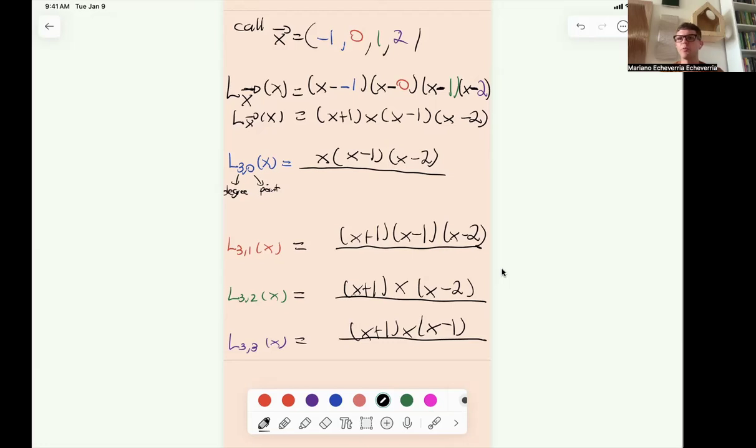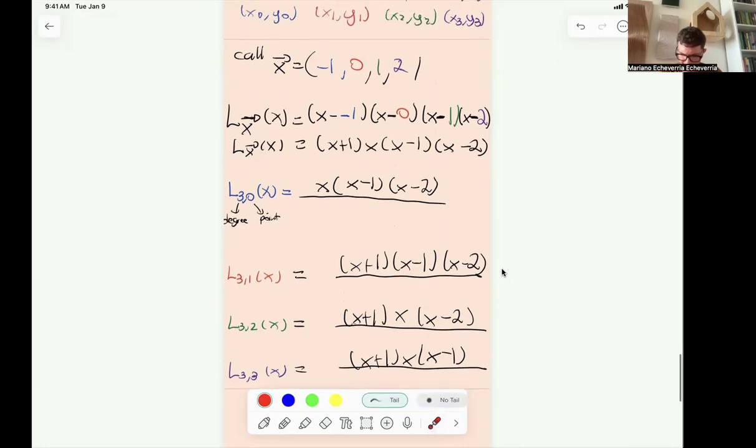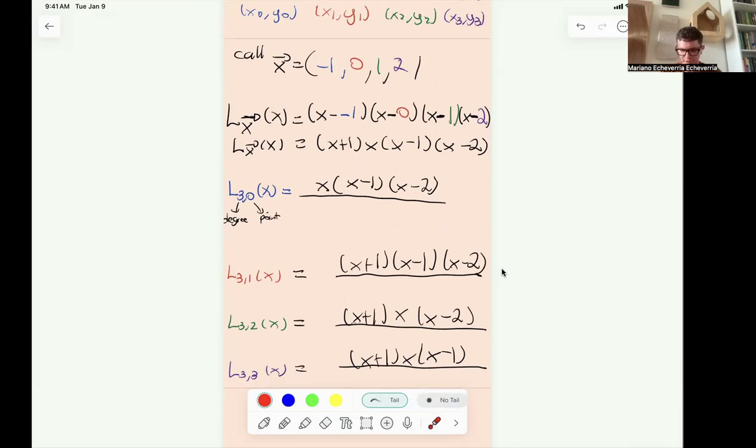Okay, so why do you still have to divide by something? Let's just start with the first one. This polynomial is precisely 0 at 1 and at 2, that is, 0 at all these 3 points.